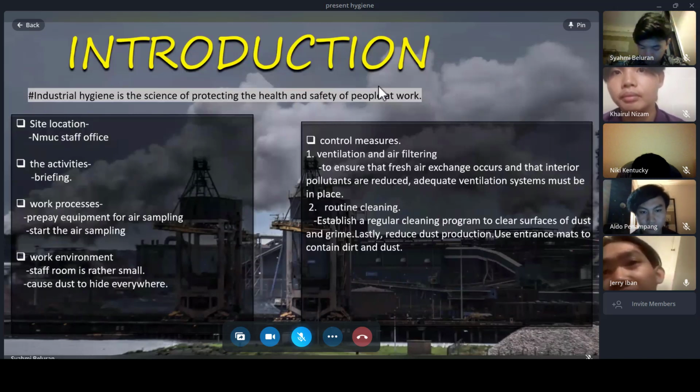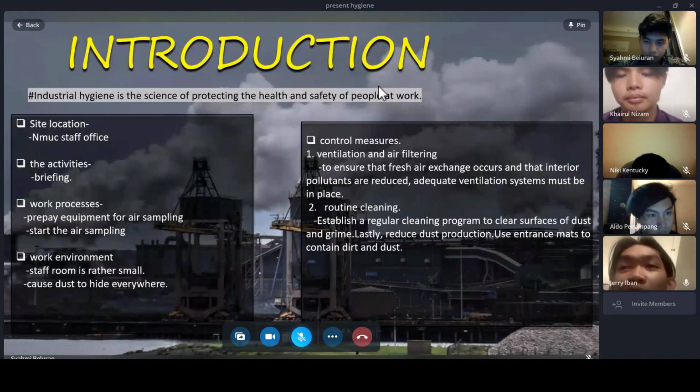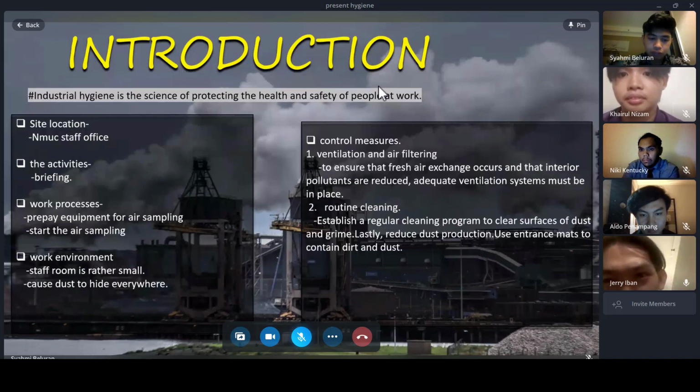Lastly, a combination of techniques to address both indoor air quality and the cause of pollutants is necessary to control dust and air pollutants in crowded spaces. Here are some current preventive strategies. The first one is ventilation and air filtering, to ensure that fresh air exchange occurs and that interior pollutants are reduced.